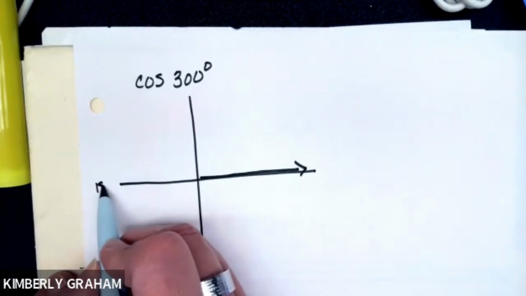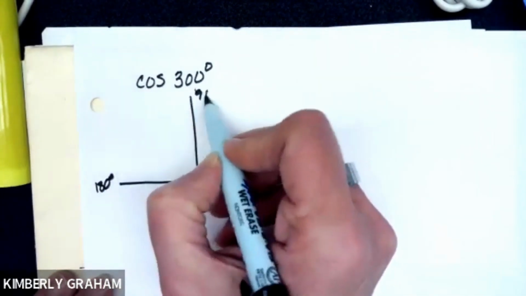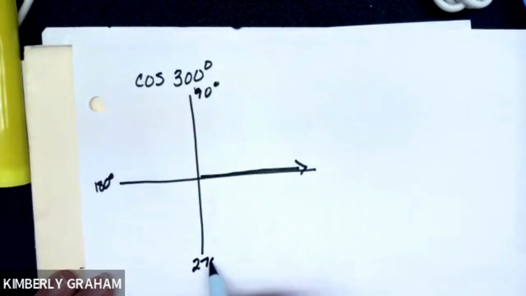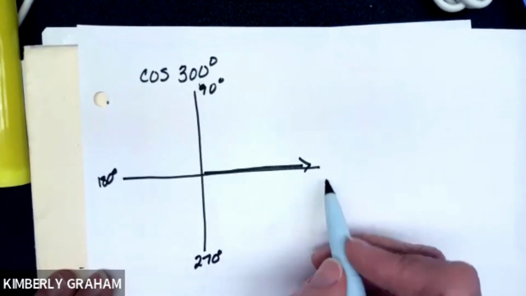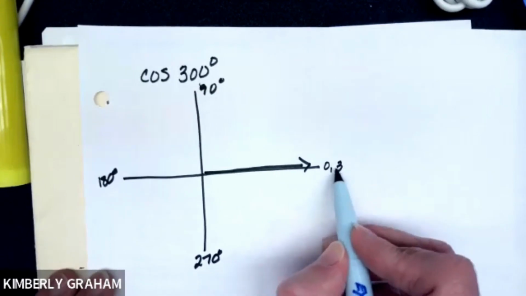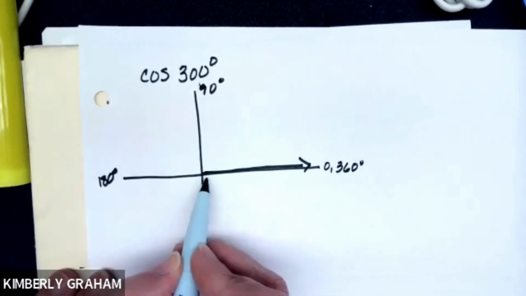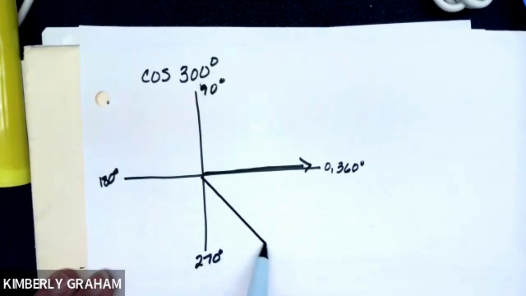I know that this is 180, right? These go by 90s: 90, 180, 270, all the way around would be 360. So I know 300 is over here in quadrant 4.